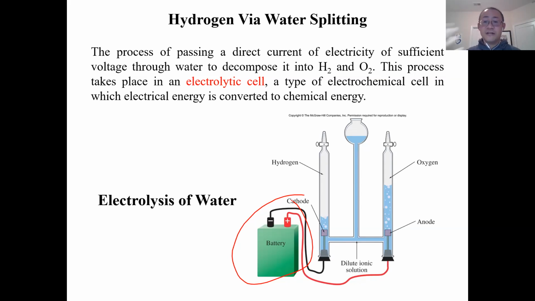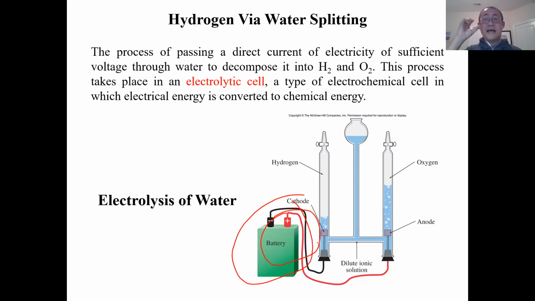So basically you connect water with a battery, and you're making a different type of cell called an electrolytic cell. An electrolytic cell is a device that converts the power of electricity into chemical energy. In this case, it's the chemical energy stored in what? In hydrogen, because you need hydrogen fuel.